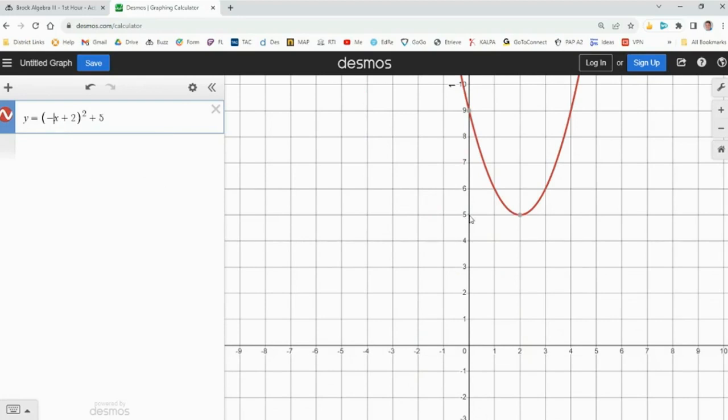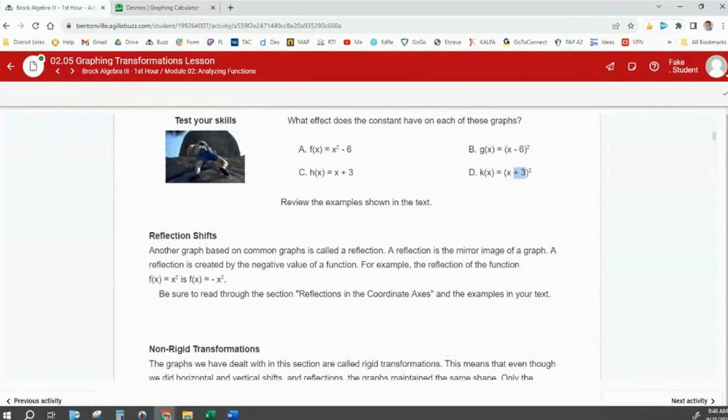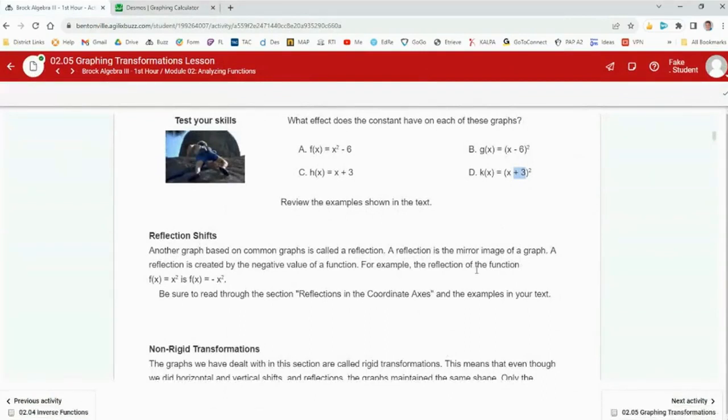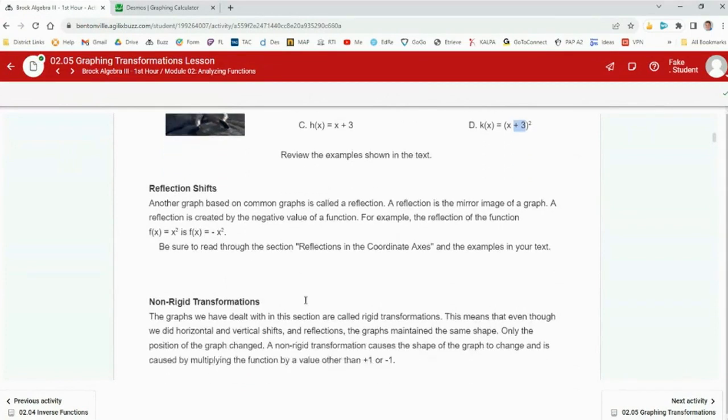That actually went over the y-axis because it was on the left side by 2 spaces. Now it's on the right side by 2 spaces. So outside reflects downward. Inside with the x, it's going to reflect it over the y-axis. Kind of different there. So the reflection of the function f of x equals x squared is negative x squared. And that's going to be a mirror reflecting it downward.